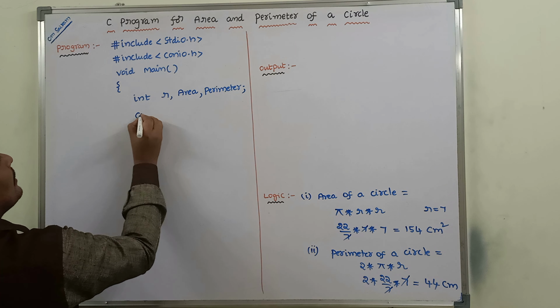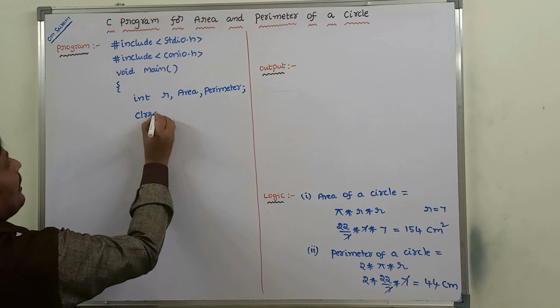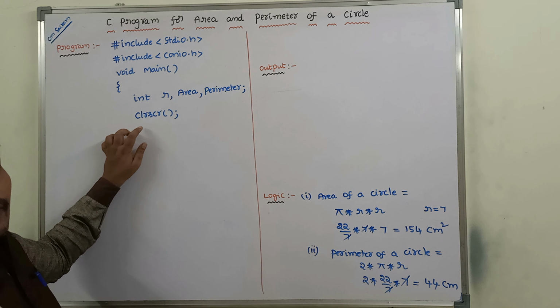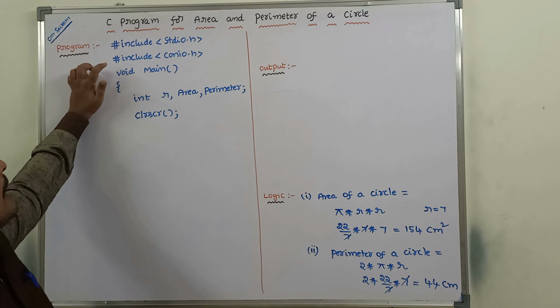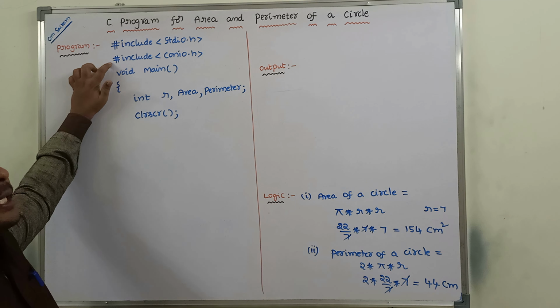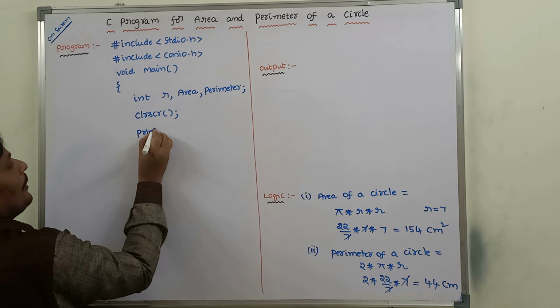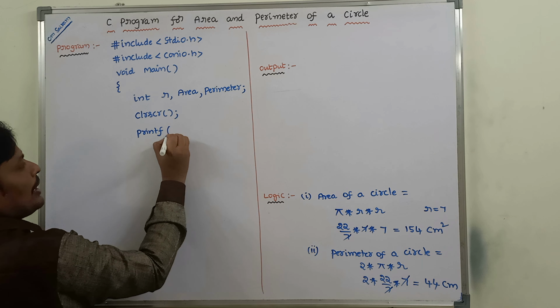Next one, clrscr. This is the clear screen function. This function is available in the header file conio.h. This function is used to clear the output screen. Next, printf enter the radius value.